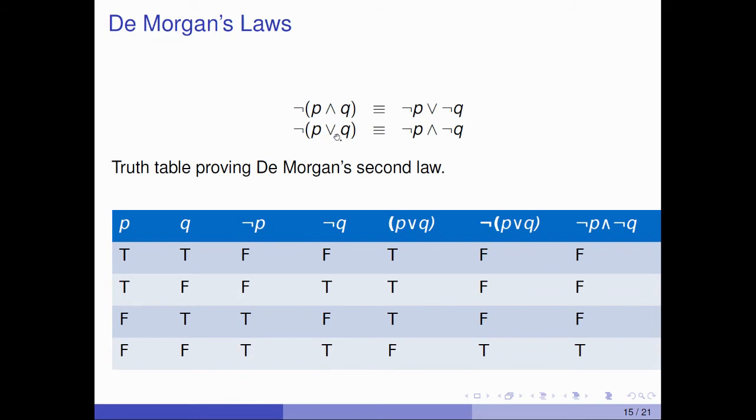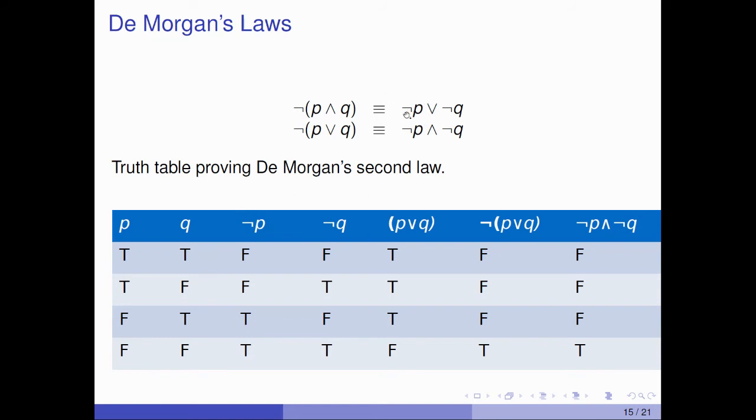That is as well true for the second one: the negation has been distributed, changing the disjunction to a conjunction. So you can view it left to right and right to left. You can rewrite one with the other because these two are logically equivalent, meaning their truth tables agree.